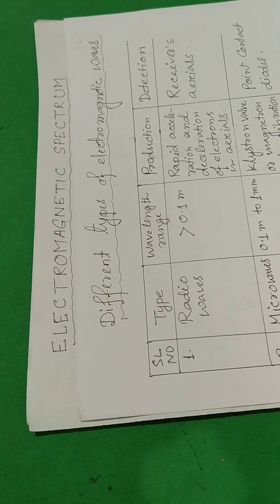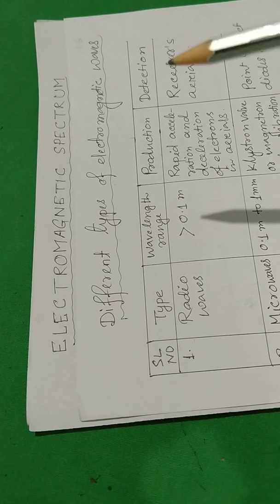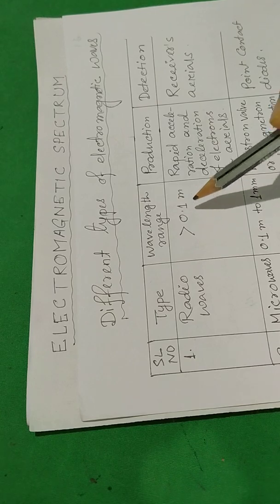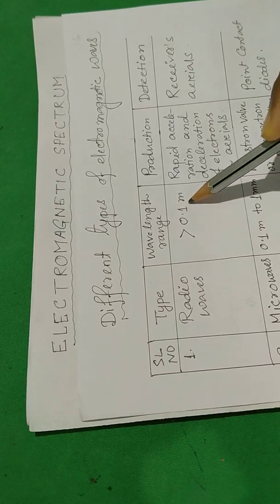Let's start with number 1, radio waves. What are radio waves? Radio waves are electromagnetic waves of frequency ranging from a few hundred hertz to a few hundred gigahertz or even more. The wavelength of radio waves is more than 0.1 meter.